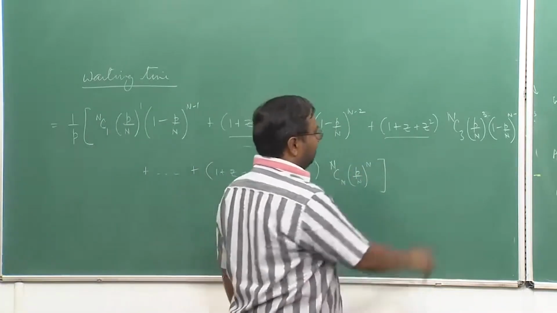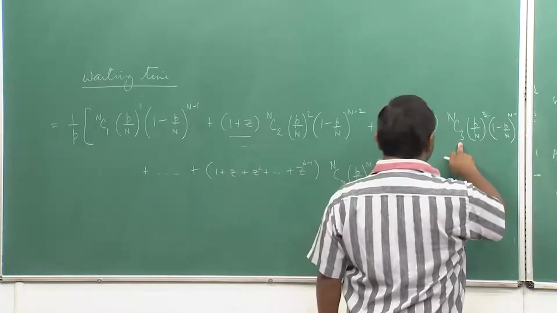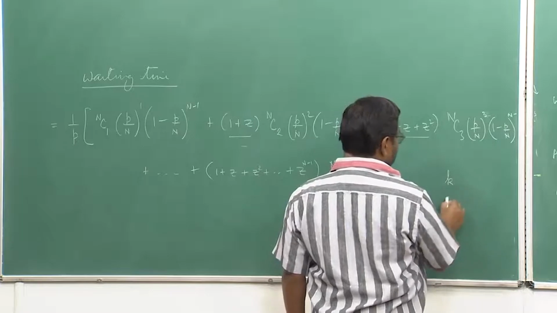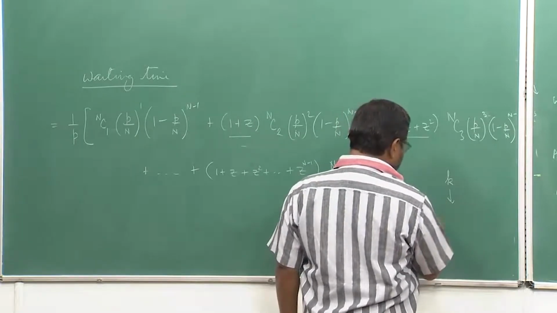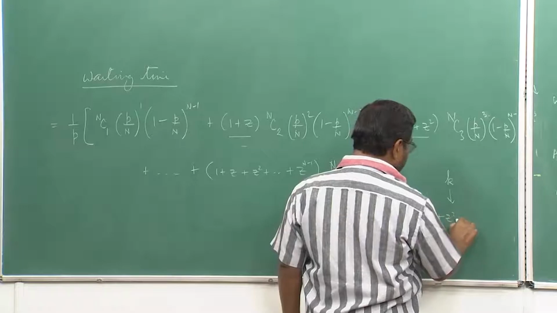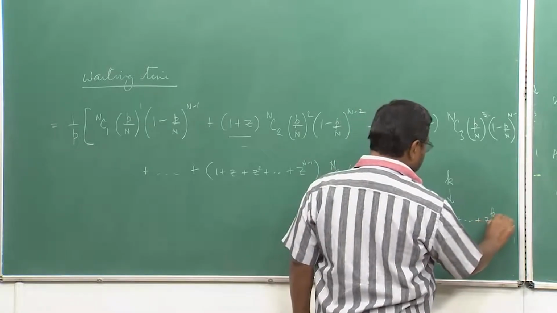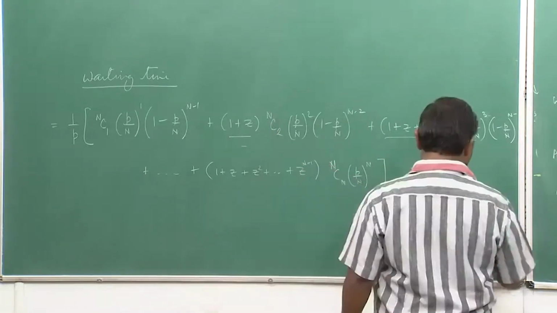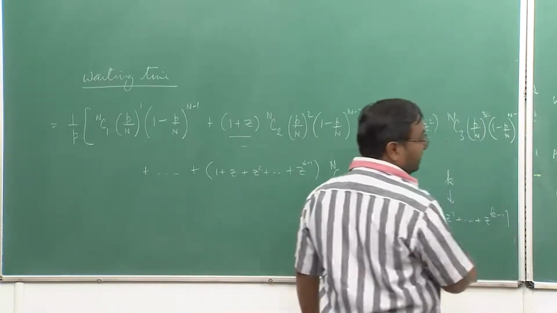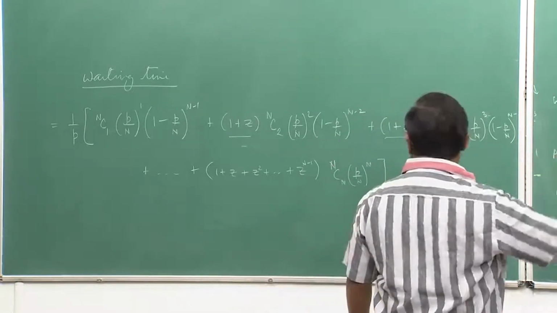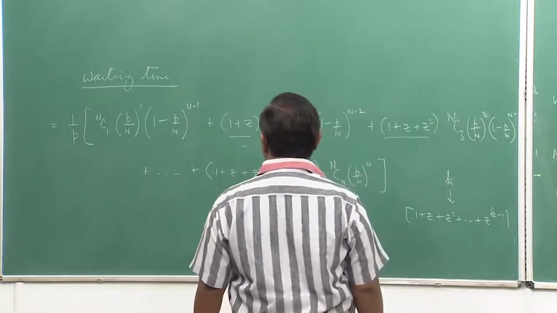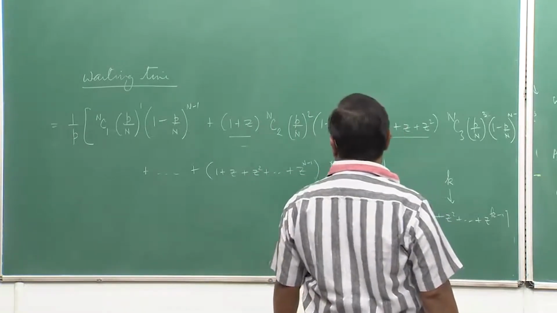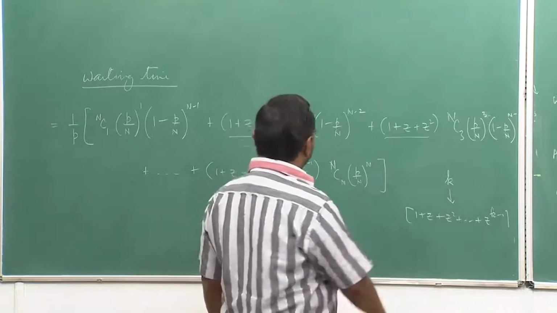So, in general, for a value of k, the series will be 1 plus z plus z square up to z to the k minus 1. If I take the same k, because there k is 0, 1, 2, 3, here I have changed. k is equal to 1. Okay, let me take k equal to this.